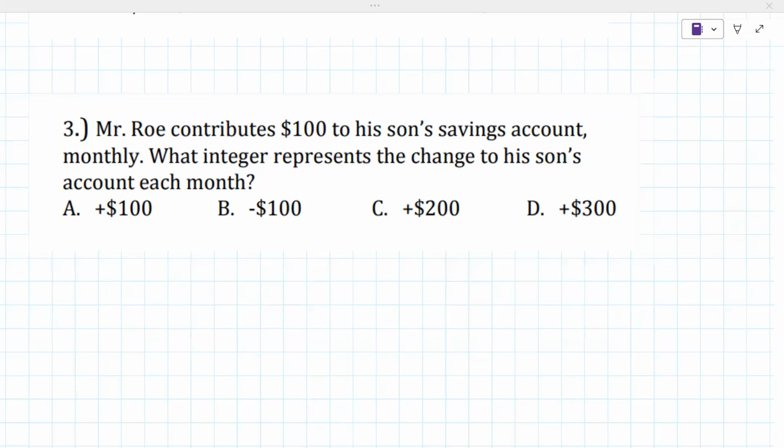Would it be A? Yes, it is A. Very good. All right, so I found some problems I think are more consistent with what you maybe are doing in class here.